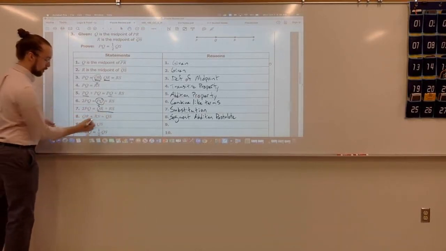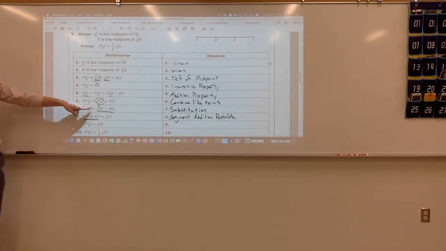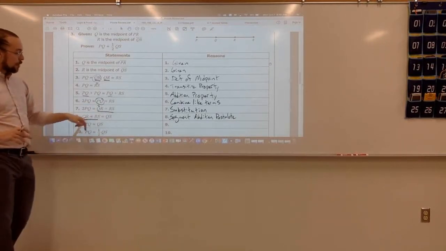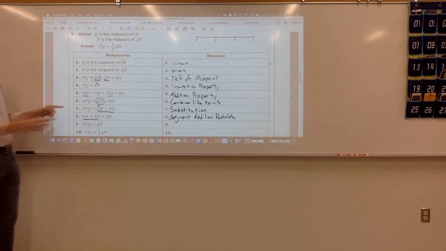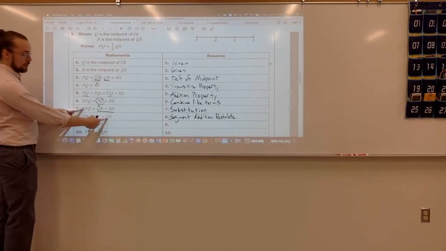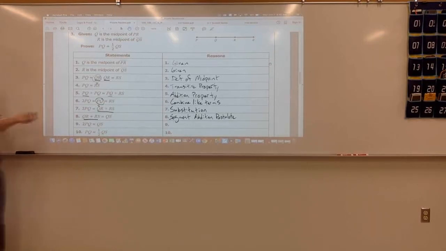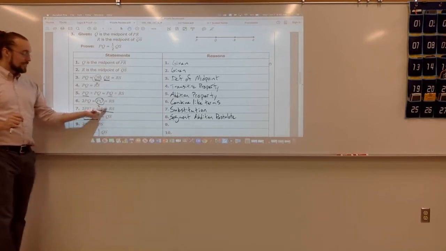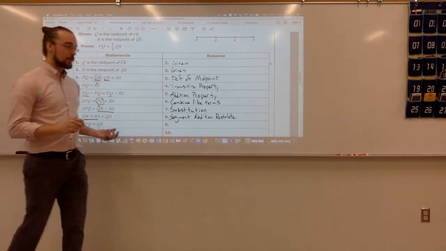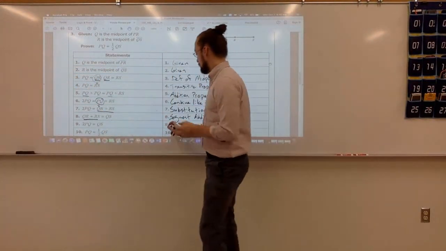I've got the same thing, 7 and 8. I've got QR plus RS and QR plus RS. So what we're saying is these two things are equal to the same thing. They're both equal to QR plus RS. So if I've got two different things equal to the same thing, we can say they're equal to each other. That's the transitive property.